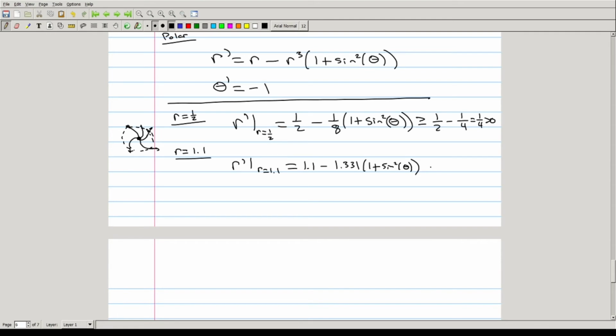And so this will be less than or equal to 1.1 minus 1.331, which is negative.